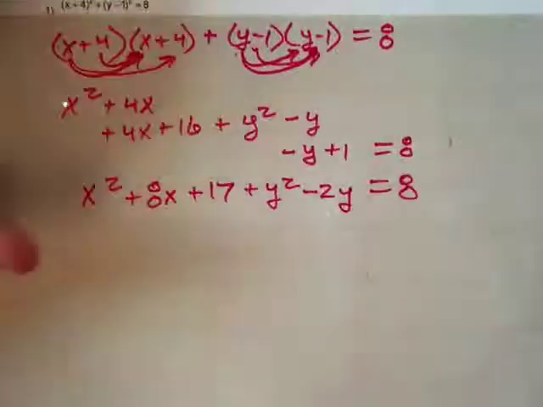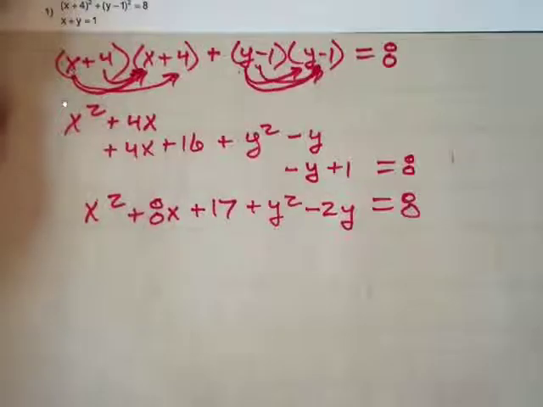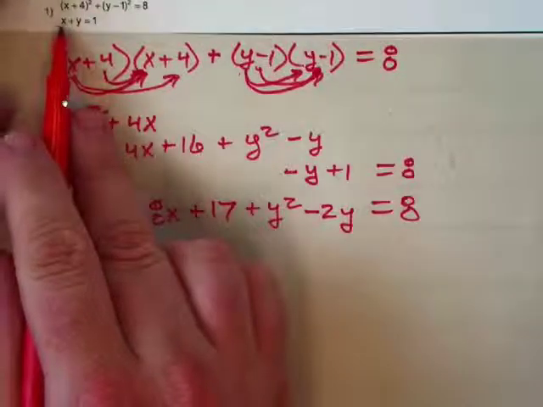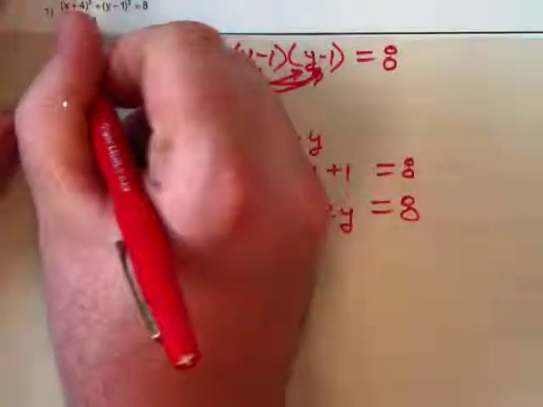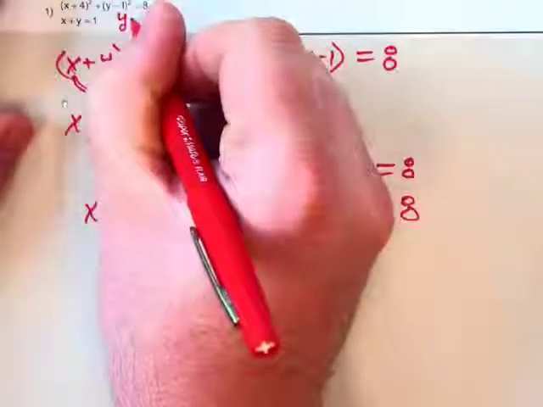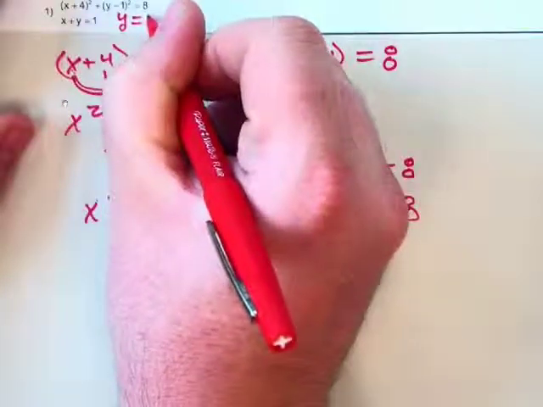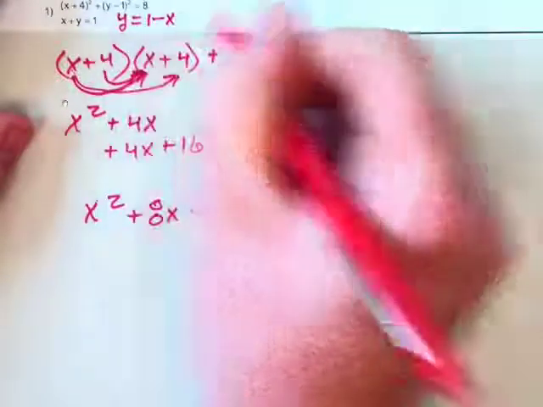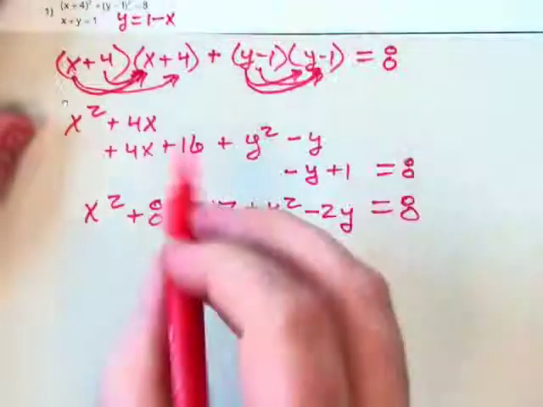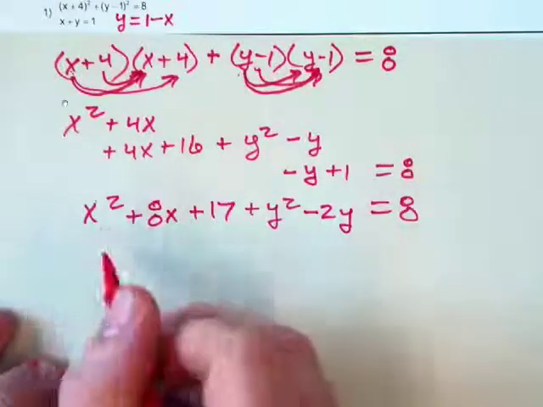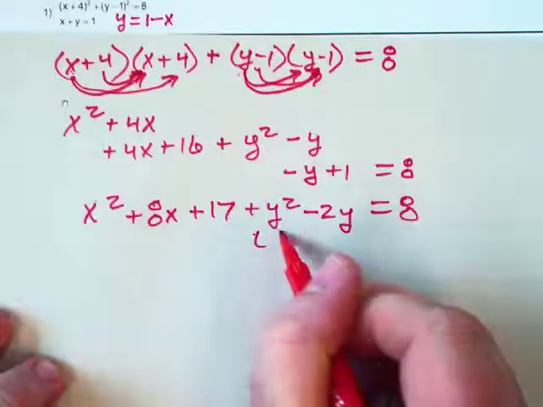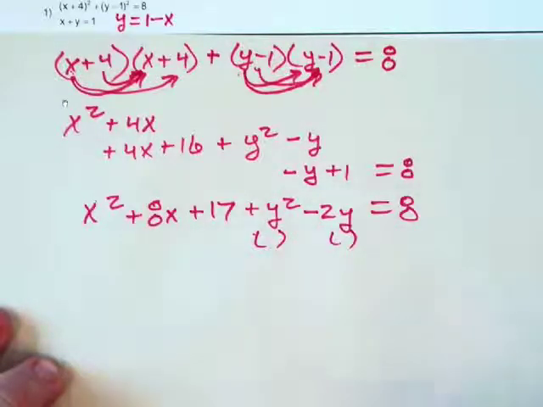We've done all that we can do on it, so now we're going to look back up here and figure something out. Well, we see here, if we subtract the x, we get y equals 1 minus x. And so now we can plug that in to all the y's. So let's plug that in right here and right here.